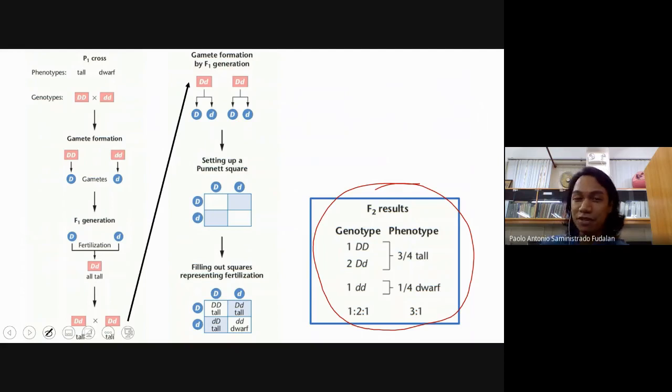But in terms of phenotype, both big D big D and big D small d will show the dominant phenotype. So that's 3/4 tall and 1/4 for the small d dwarf.